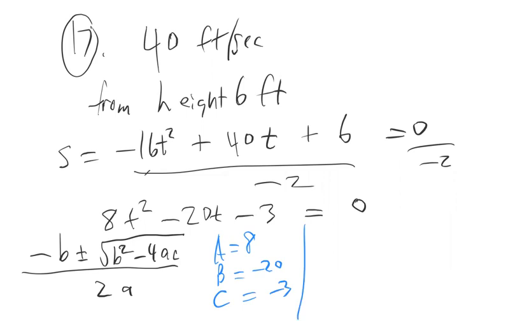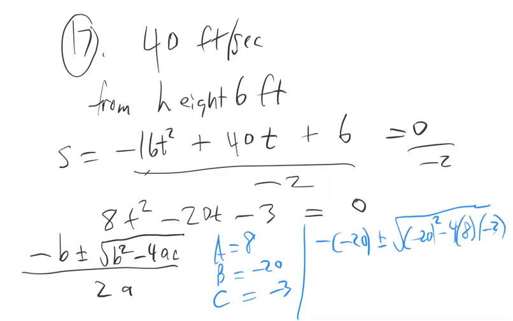So if I plug those all in, I would get -b plus or minus the square root of b squared minus 4 times a times c, all over 2 times a.